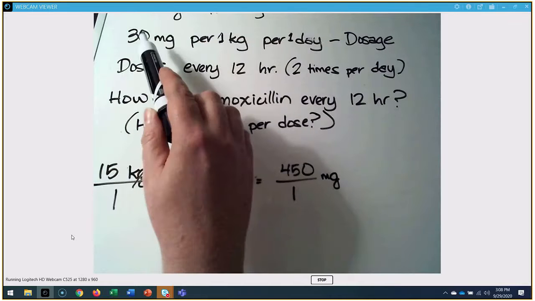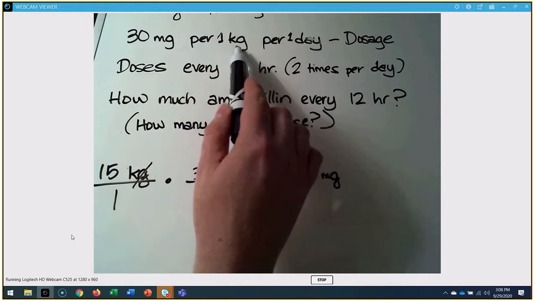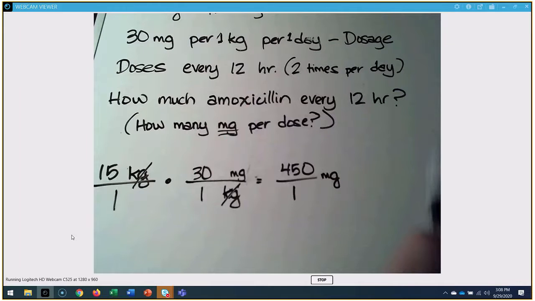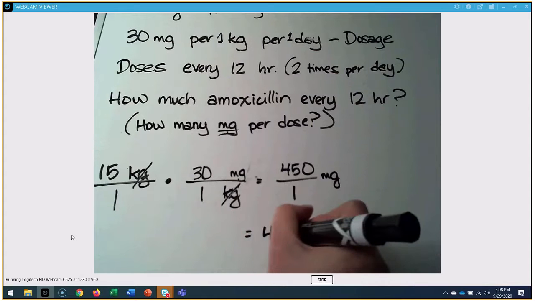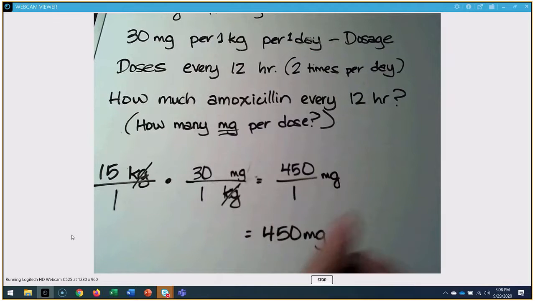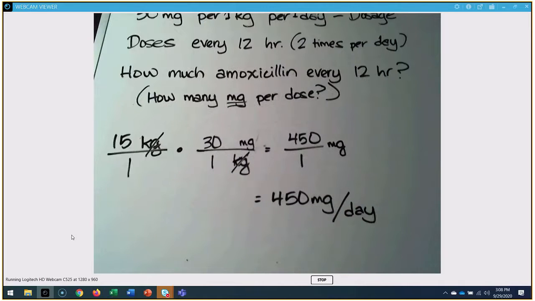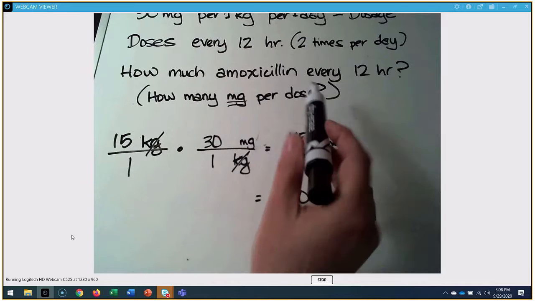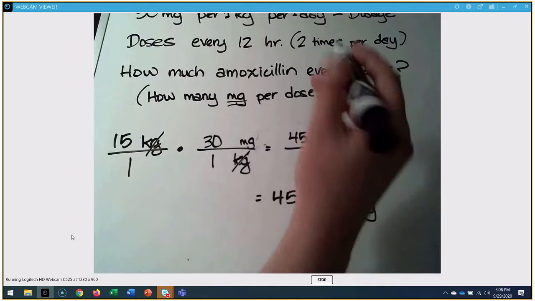We had all this information connected to each other: 30 milligrams per kilogram, and this is per day. So this answer that I get is per day. That's not what the question wanted. They wanted milligrams, we got it, but they wanted per dose.